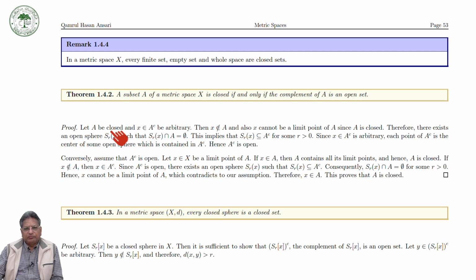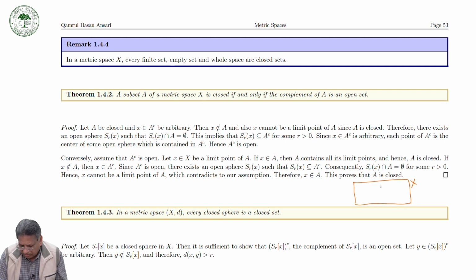So we have to consider x in the complement of A, arbitrary, and prove that it is the center of some open sphere contained in it. If x is in the complement of A, then x cannot be in A. Suppose this is my set X, this is the set A, and this is the portion of the complement of A, and suppose x is here.